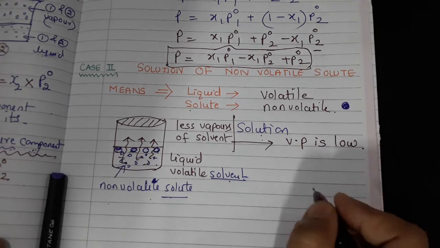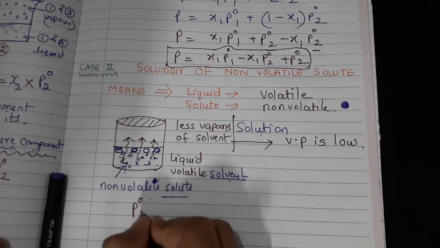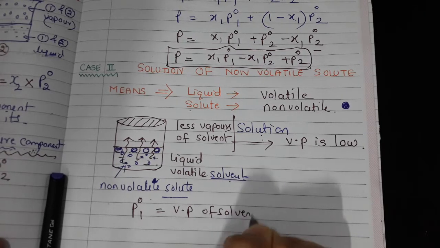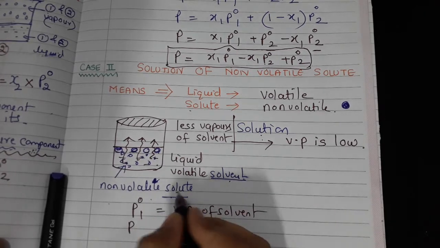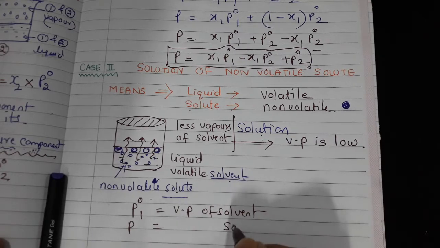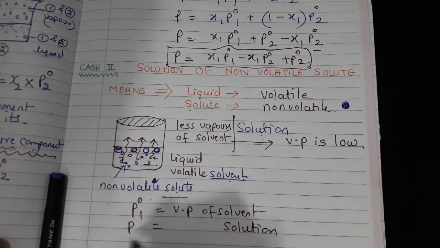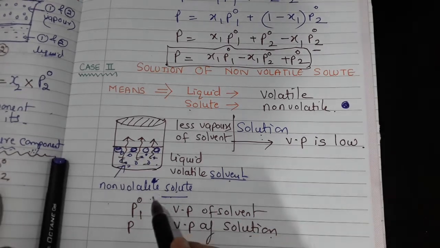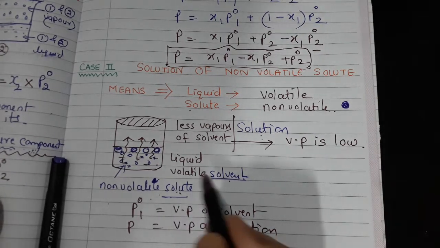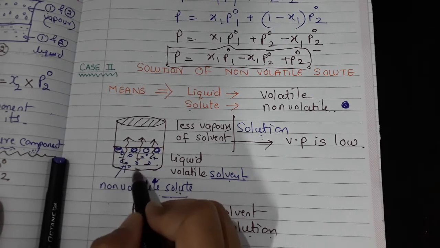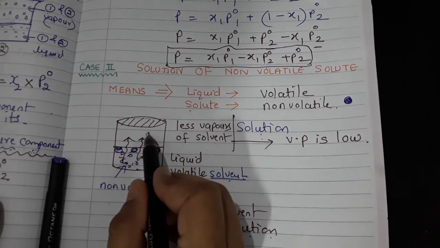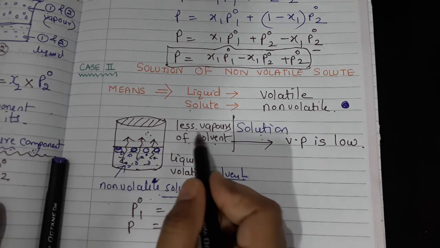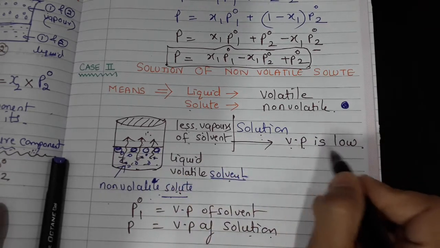So if I say that P01 is the vapor pressure of the solvent, and after adding solute it became a solution, and P is the vapor pressure of the solution. After adding solute, because the number of solvent molecules escaping in the gaseous state has reduced, fewer vapors will be there above, so vapor pressure will be low.